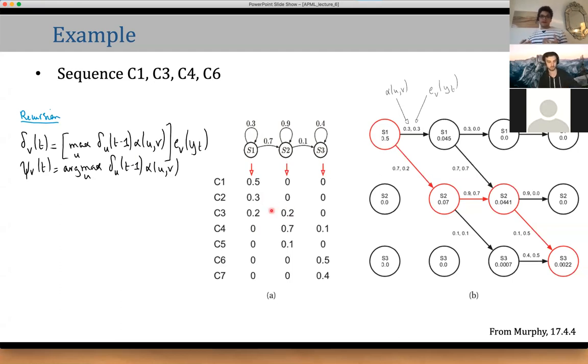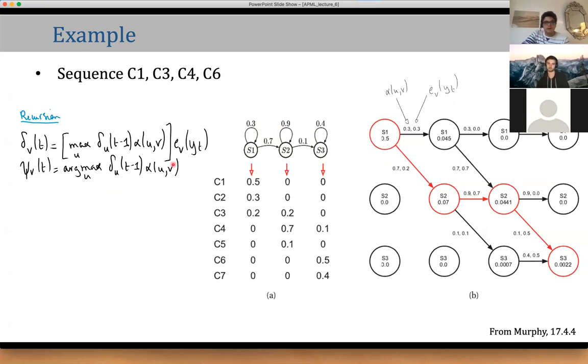So the hidden Markov model already takes into account the fact that they have completely different observation probabilities. And it's also a way to take into account the fact that sometimes you can have this C4 in the state S3. And so that's the hidden Markov model and the observation. And now let's imagine you observe the sequence C1, C3, C4, C6. Okay, so how does that work?